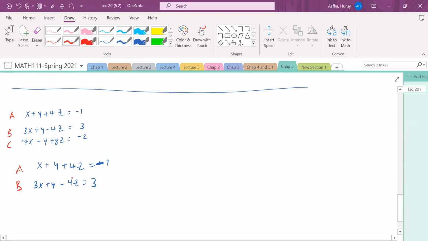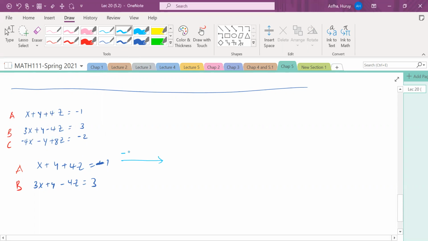Well, again, we need to eliminate one of the variables, so we have to choose which one. As you can see, eliminating y is easy because we don't have to multiply by a big number, we just multiply by -1. That's much easier. So I will eliminate y.